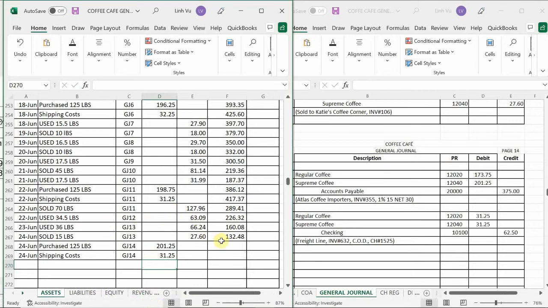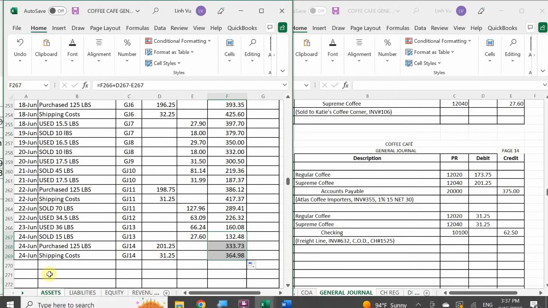So it'll be a total of around 265, somewhere in that. Okay, or 365, yeah. 364.98. Okay, we've got those accounts payable and liabilities. Hold on. Oh, yes, no, I did it right. Okay, sorry, yeah. So we go to liabilities, accounts payable.